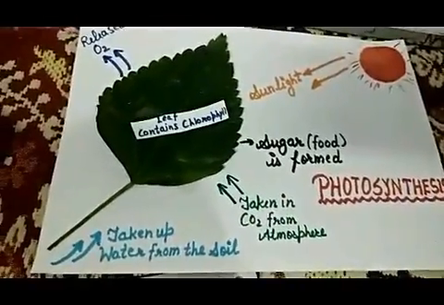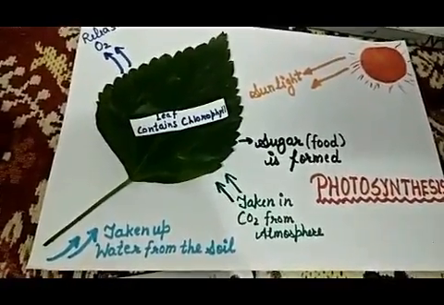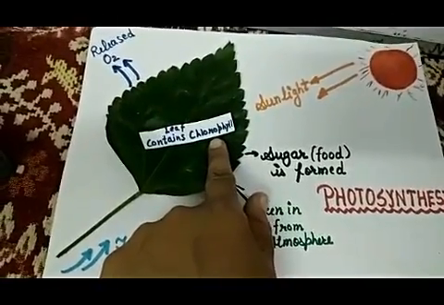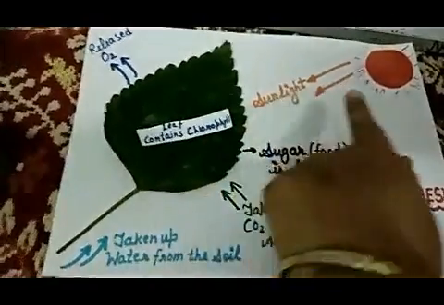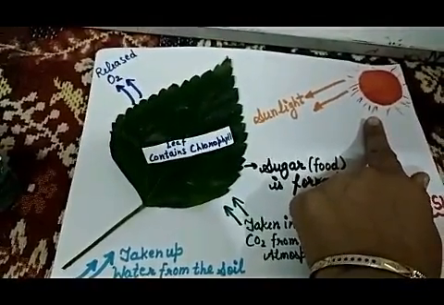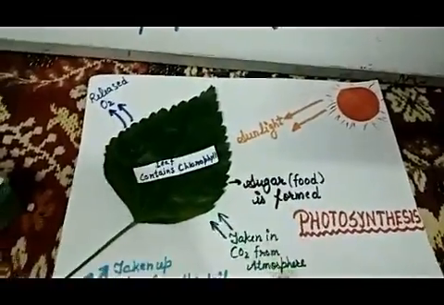Let's see the main 4 things that are required for photosynthesis. First is chlorophyll. It is the green pigment present in the leaves. Second is sunlight. It is absorbed by the chlorophyll present in the leaves. Next is carbon dioxide.